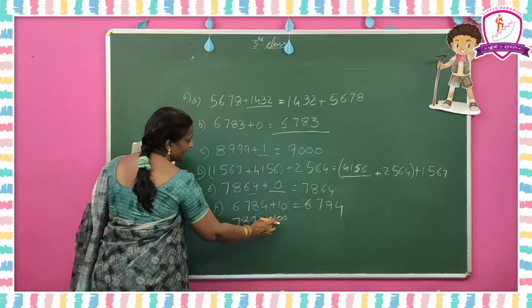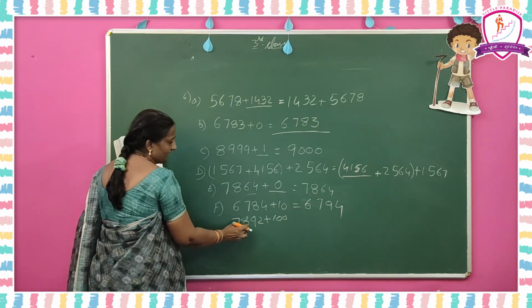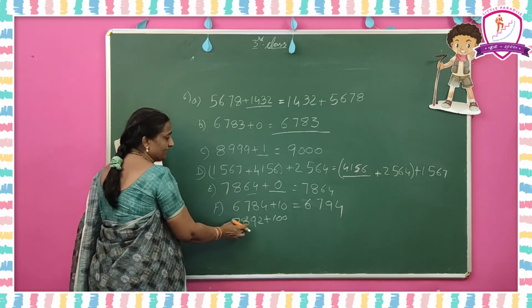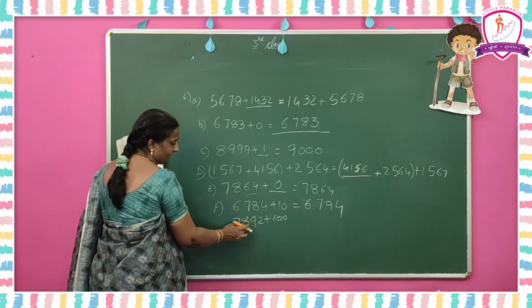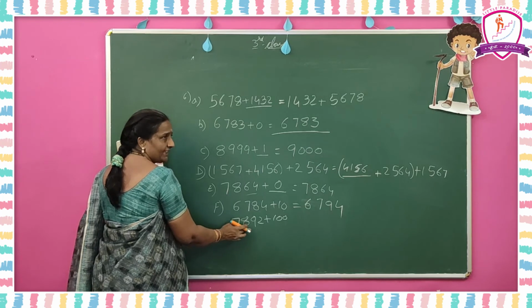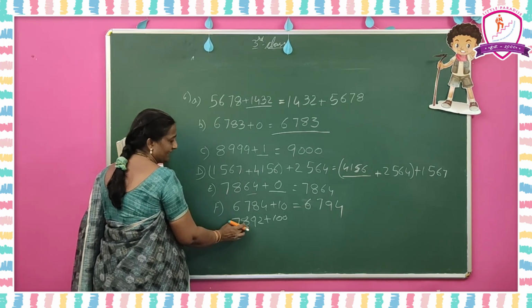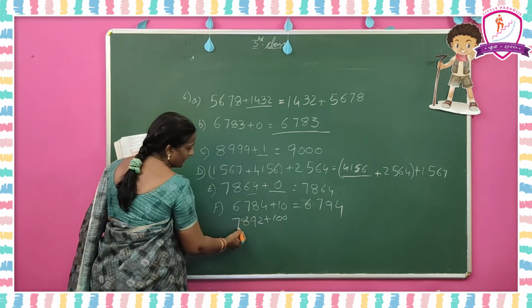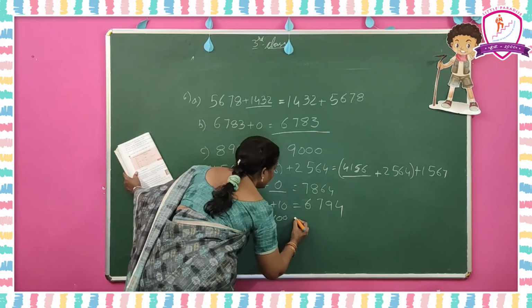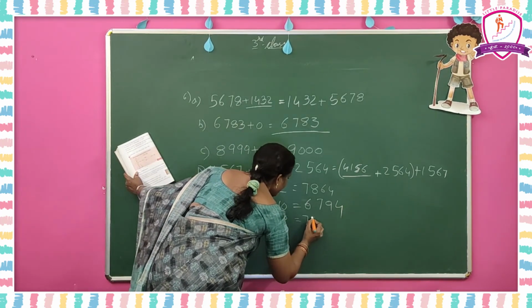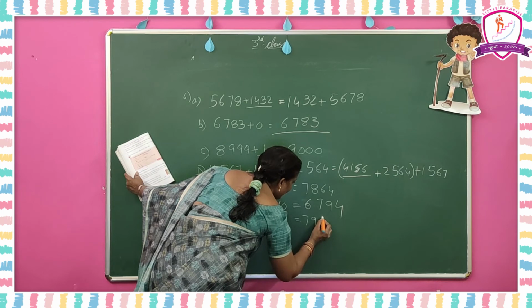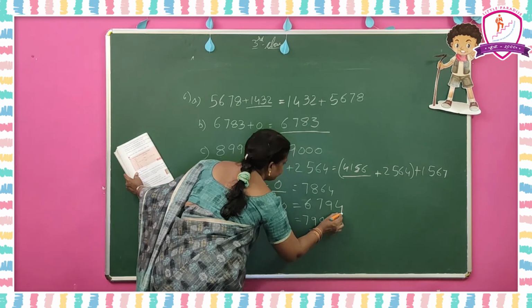If 100 is added to any number, the digit in the hundreds place will increase by 1. What is the digit in hundreds place? 8. It is increased by 1, so it becomes 9. What is the answer? 7,992.